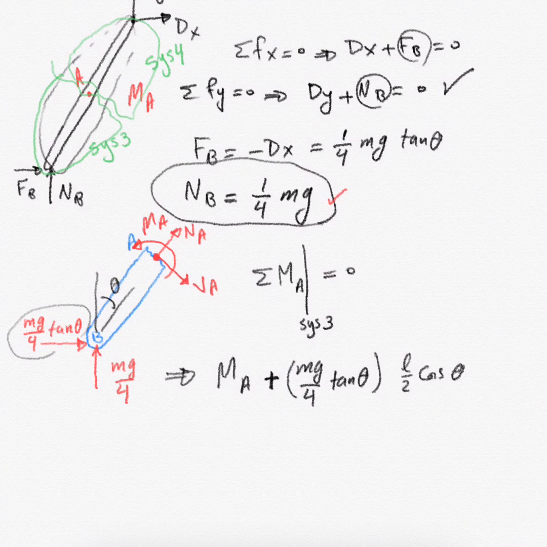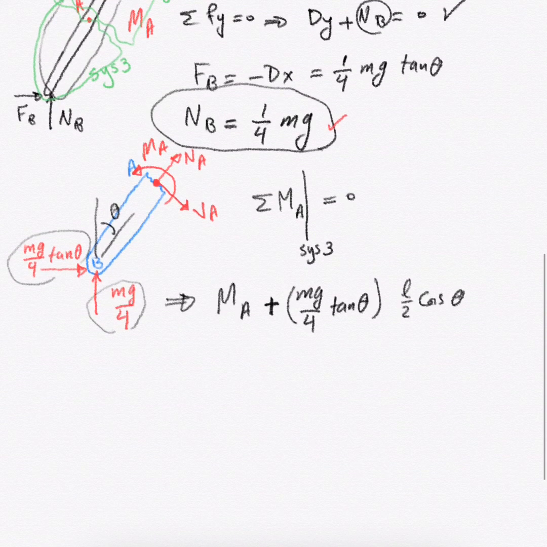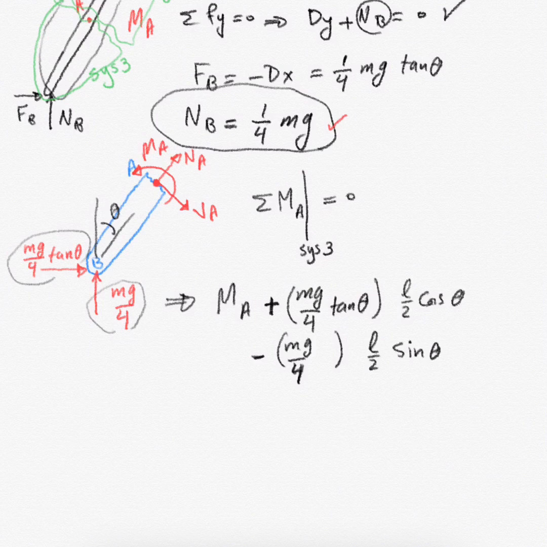Now also we have a contribution from this guy, which is equal to negative mg over 4. So the value of force is simply mg over 4. There is no angle. Negative mg over 4 times L over 2 sine theta. Sine theta is here, from here to here.